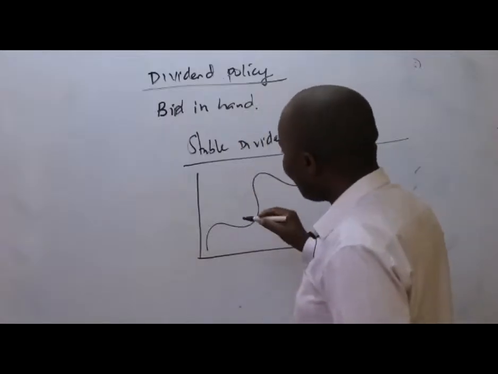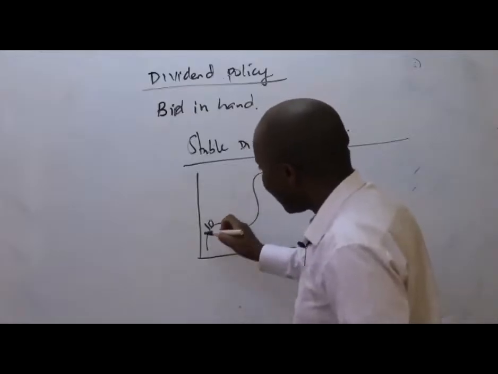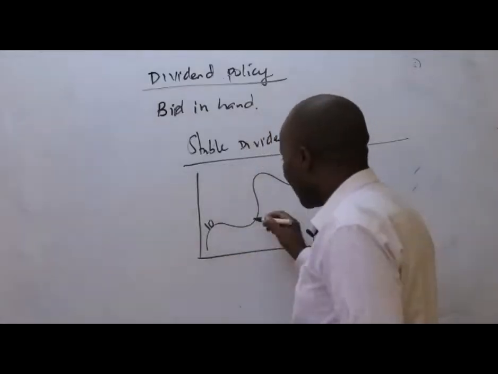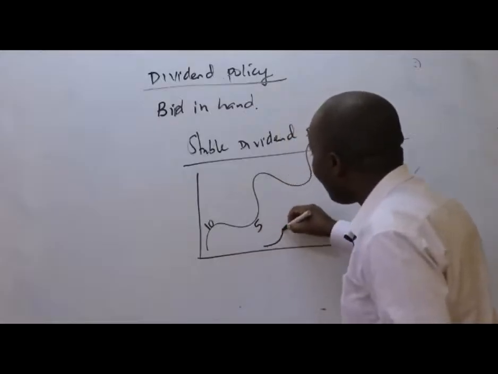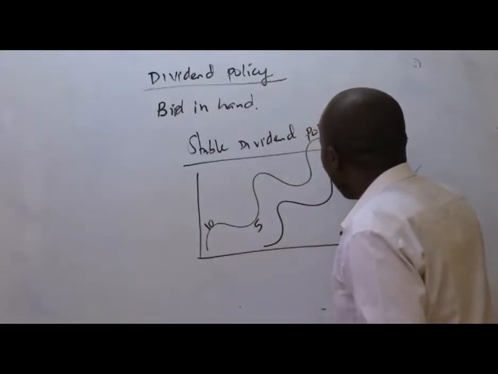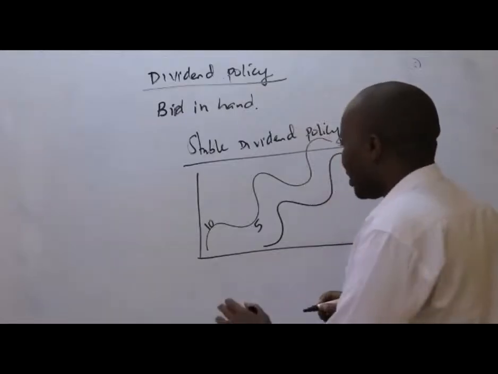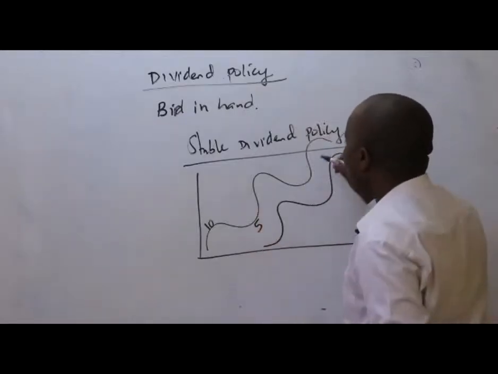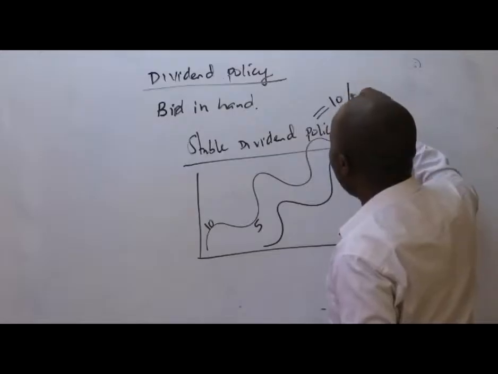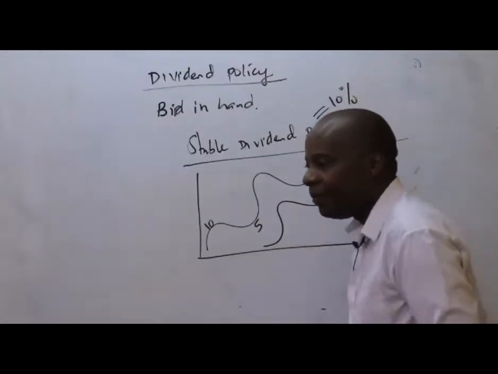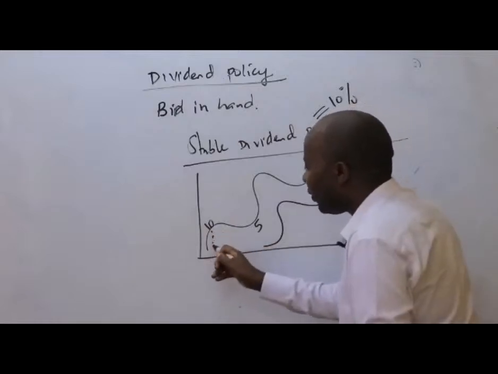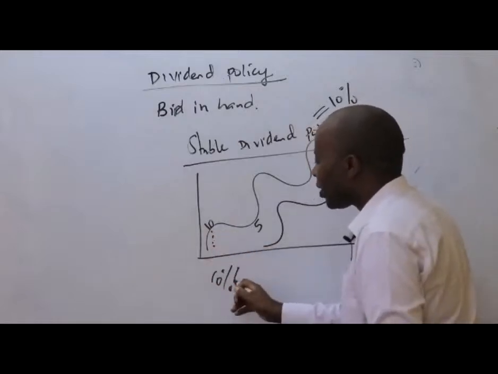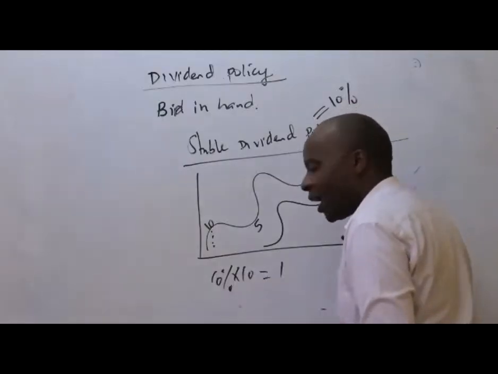If, for example, the profit after tax here is 10 million and here is 5 million, then automatically our stable dividends will always move like that. Such that if our stable dividend policy is, for example, 10%, then in this particular year, in terms of dividends, we'll take 10% of our profit, which is 10, which is 1.